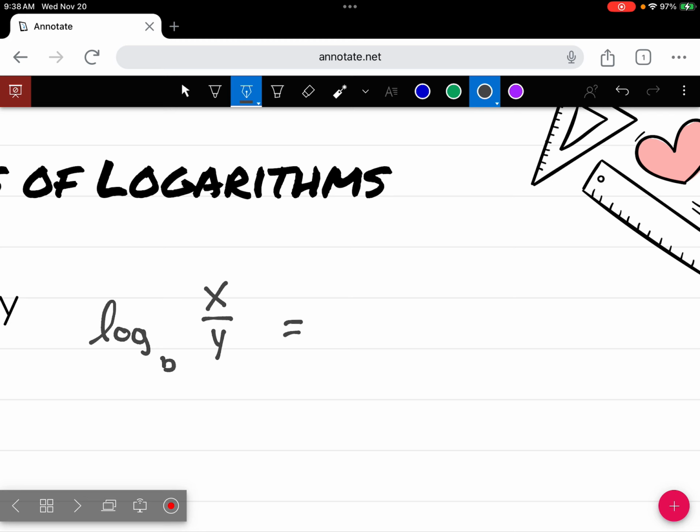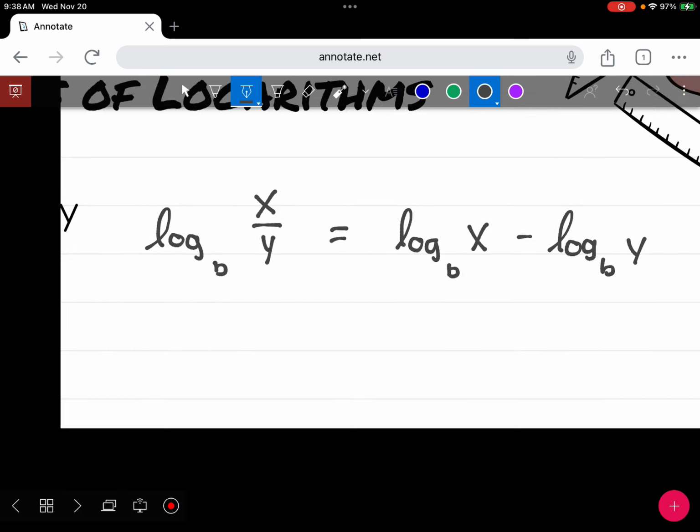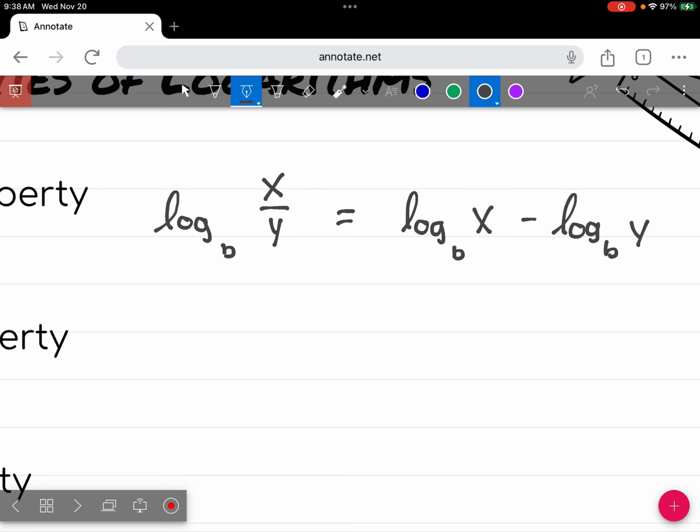This is equivalent to log base b of x minus log base b of y. So division becomes subtraction.